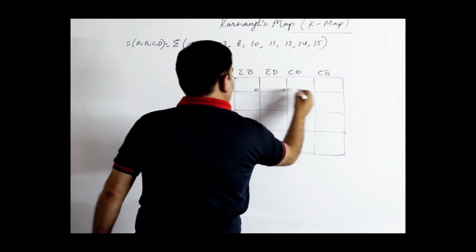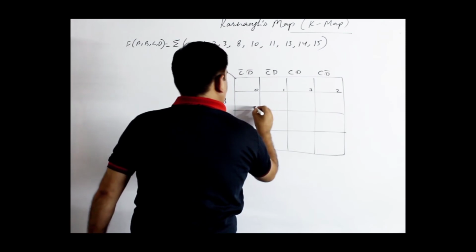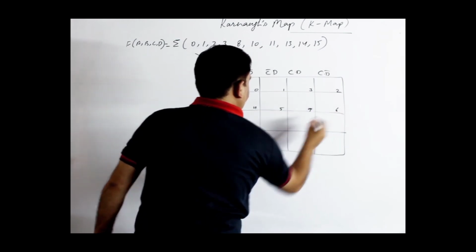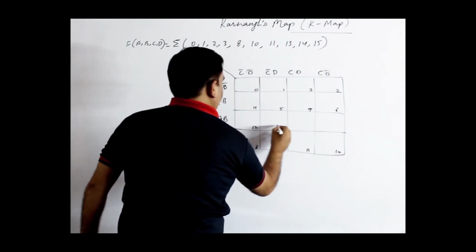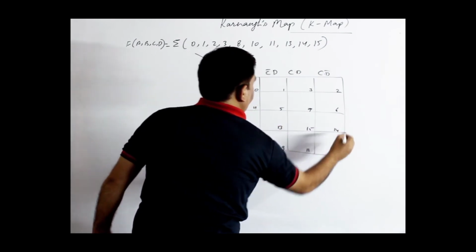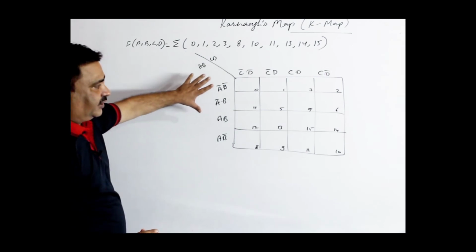Fill the designation 0, 1, 3, 2, 4, 5, 7, 6, 8, 9, 11, 10, 12, 13, 15, 14. So this is the base of K map.